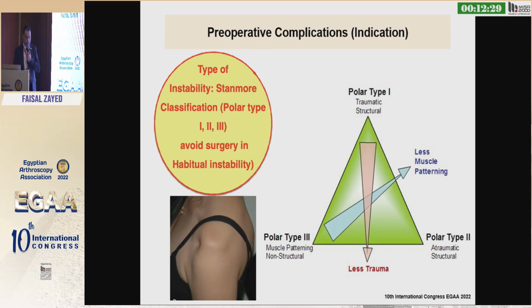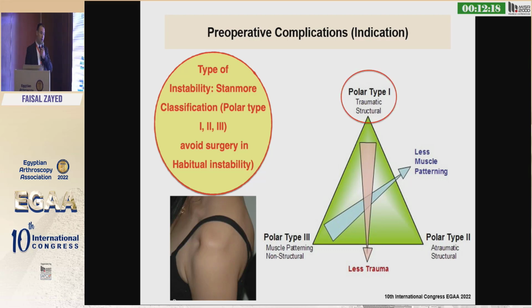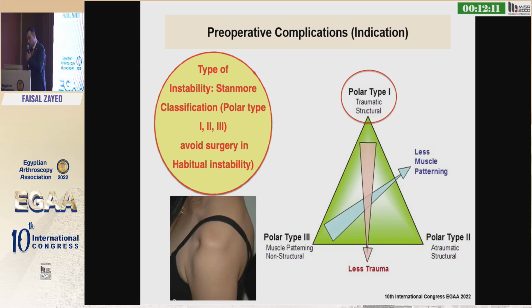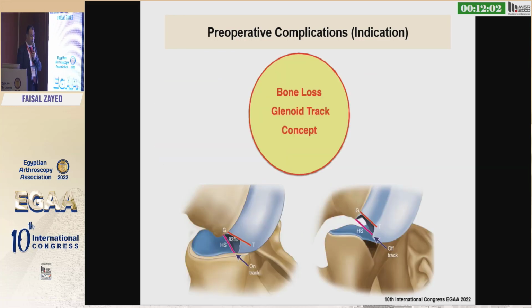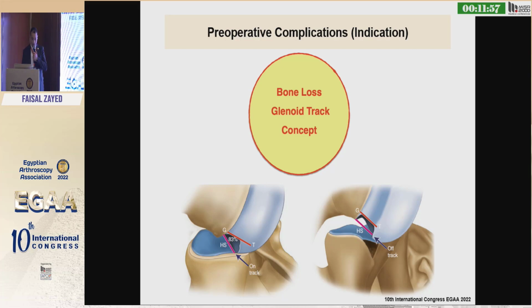As regards preoperative complications, which means indication for surgery, you must keep in mind the type of instability. We only choose soft tissue procedures for polar type 1, according to the Stanmore classification, which is traumatic and there is a structural deficiency in the glenohumeral joint, and avoid any surgery in case of hyperlaxity or hypermobile joint.